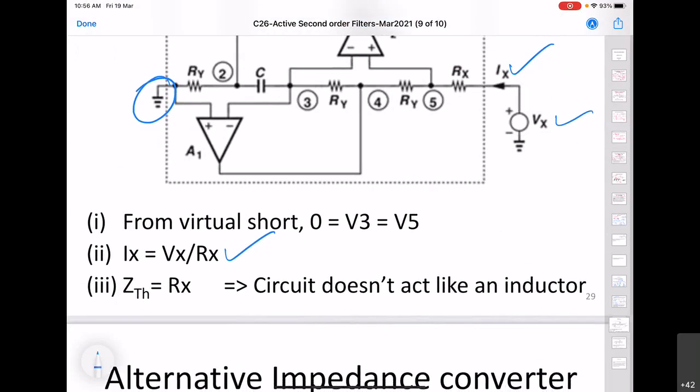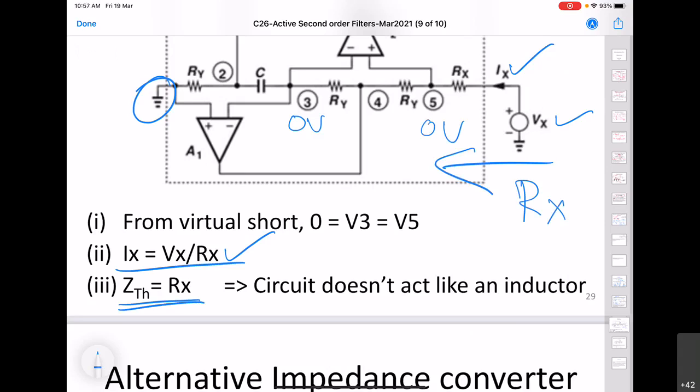So from here we see that again from virtual short, this is 0 volt, this is 0 volt. That means this Ix will be simply equal to Vx divided by Rx. So the Thevenin impedance looking into this circuit is simply going to be Rx, and this is not an inductor. So the Antonio circuit cannot be used to substitute a floating inductor.